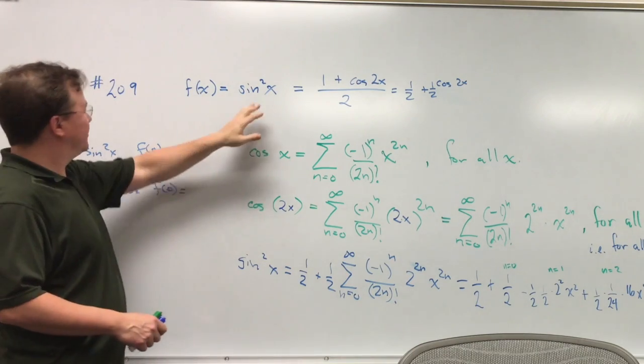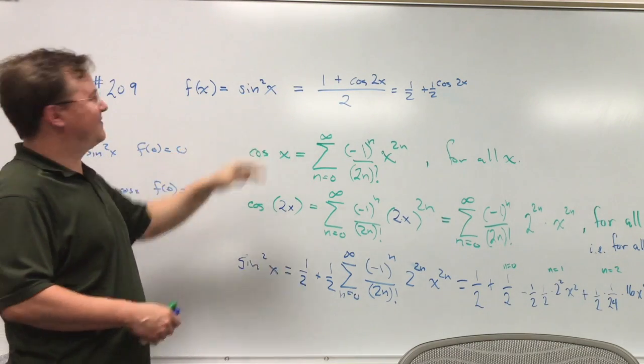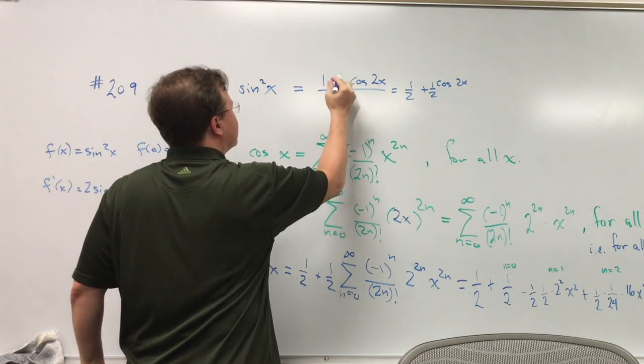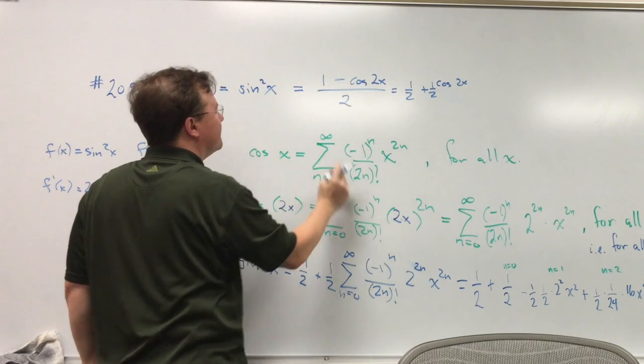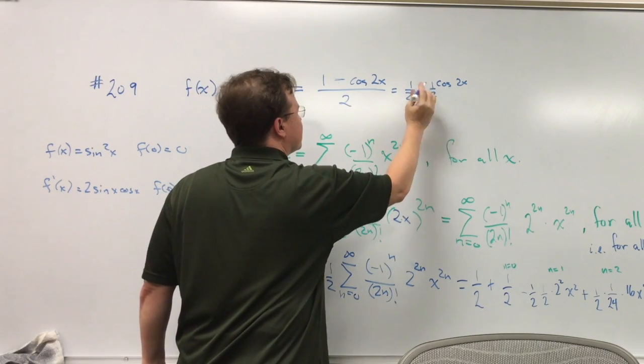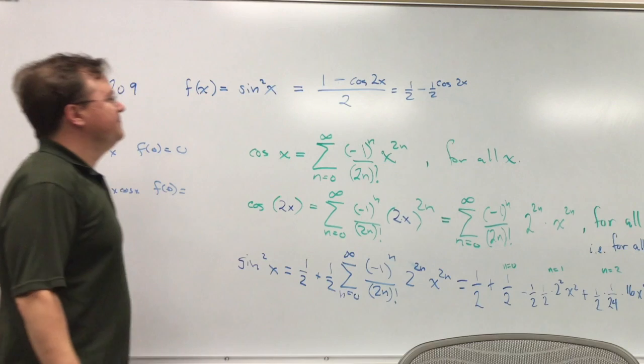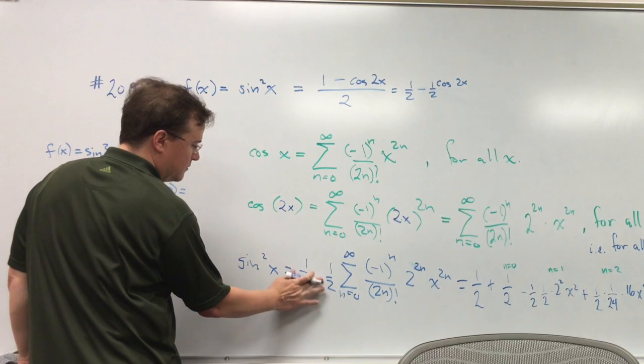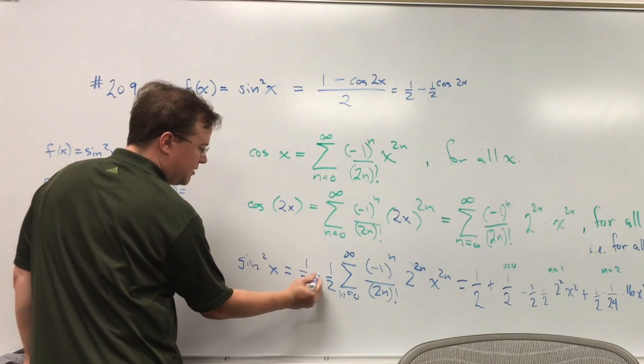So for 209, that should be a minus, and that should be a minus. Wait a minute. I didn't get that for 208 either. Okay, I'm changing this right here to a minus.